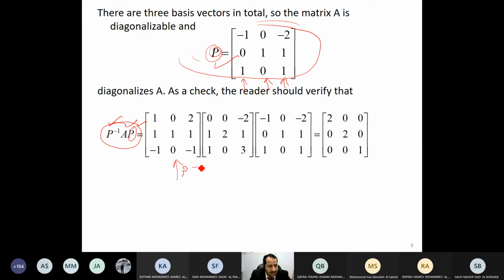This is P inverse, this is A, and this is P. When I multiply them, I get a new matrix. The new matrix is a diagonal matrix. It means only on the diagonal we have numbers. Otherwise, all other items are 0. But this diagonal contains the eigenvalues.